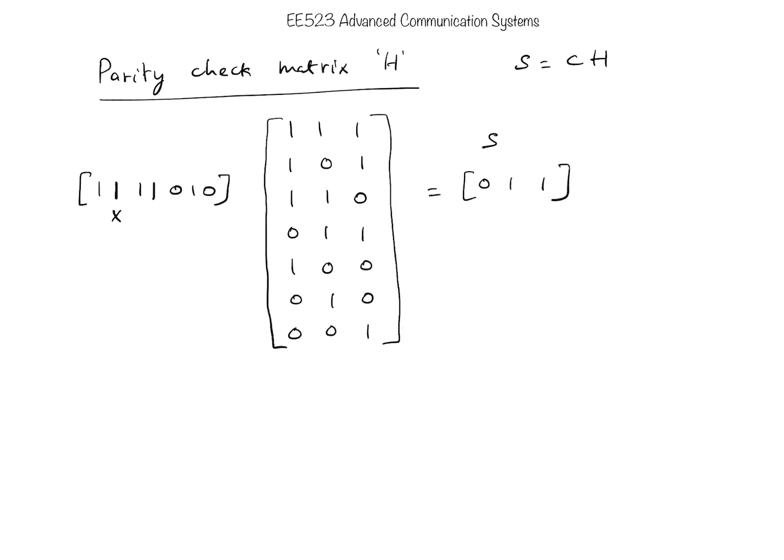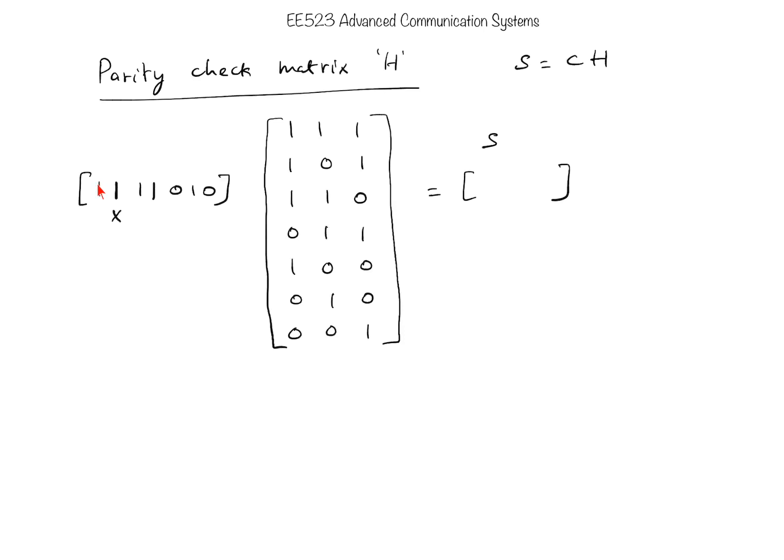So now let us compute what the syndrome value is. To get the syndrome value, we multiply this with the H matrix. So multiply this row with the first column of the H matrix bit by bit and add them modulo 2.